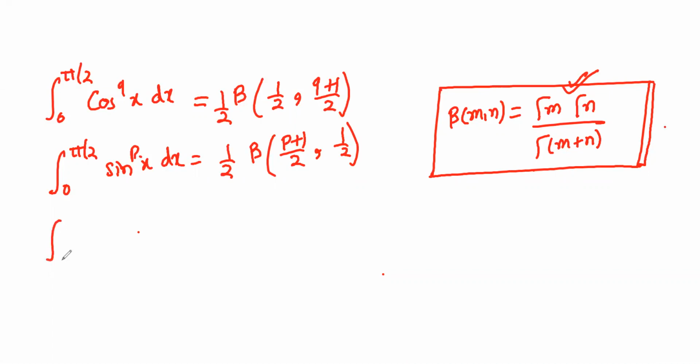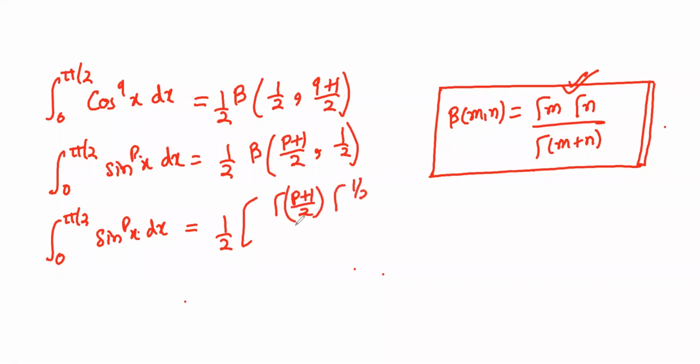The integral from 0 to pi by 2 of sine px dx will be 1 by 2 gamma((p plus 1) upon 2) gamma(1 by 2) divided by gamma((p plus 1) by 2 plus 1 by 2).